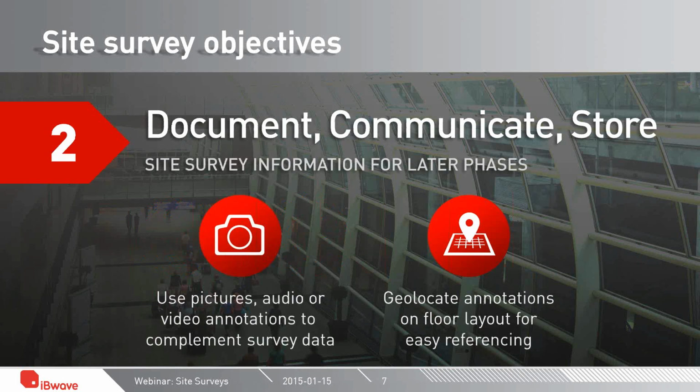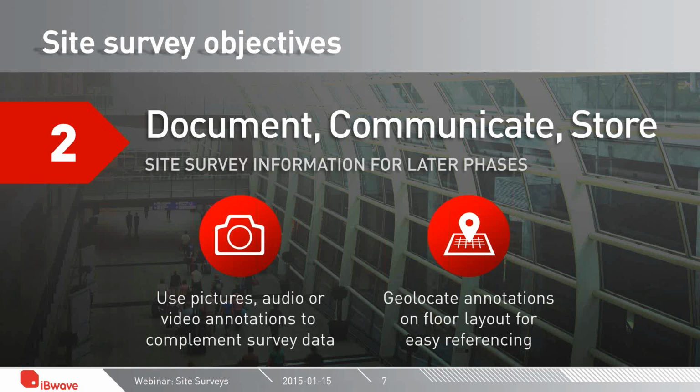The second one is to document all the information that was captured in the survey and communicate it to the other stakeholders, typically, for example, the RF engineer, and store it somewhere centrally so that it can be accessed by different people or different departments. So first, that's typically done by taking pictures, for example, of an equipment room, recording clips of audio or video to give more information, and of course taking various text notes.